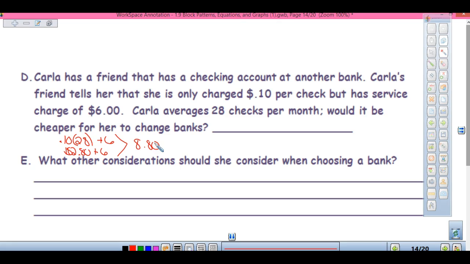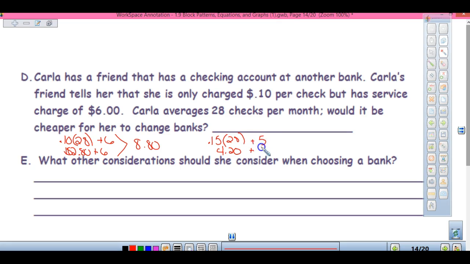At her bank, how much is she being charged per check? 15 cents. So 15 cents times how many checks is she writing on average? 28 is how much? Well, yep, but first, how much is this? $4.20?